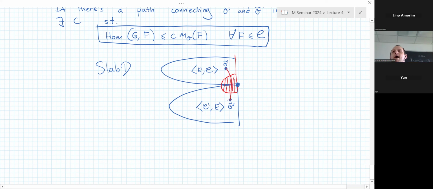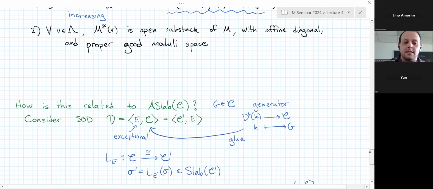So manifold with corners is a very specific thing, but it turns out that it implies that these glued regions for these two mutated semiorthogonal decompositions are connected by a path on the stability manifold. That in turn is enough to imply this inequality, and this inequality is enough to plug into this theorem.